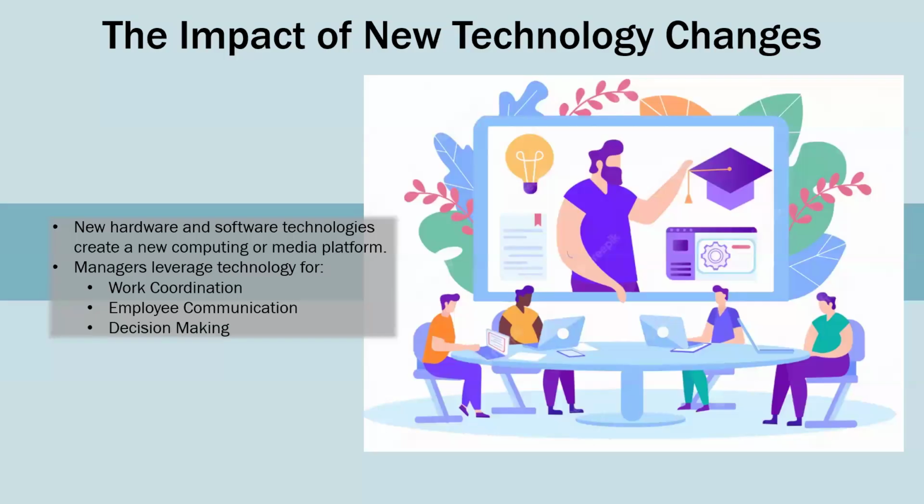Constantly the technology is changing, and as it changes, it also brings in something good that managers can leverage. It can be new hardware, or new software like AI. It creates a new computing or media platform, so managers can leverage that to make their life easier.